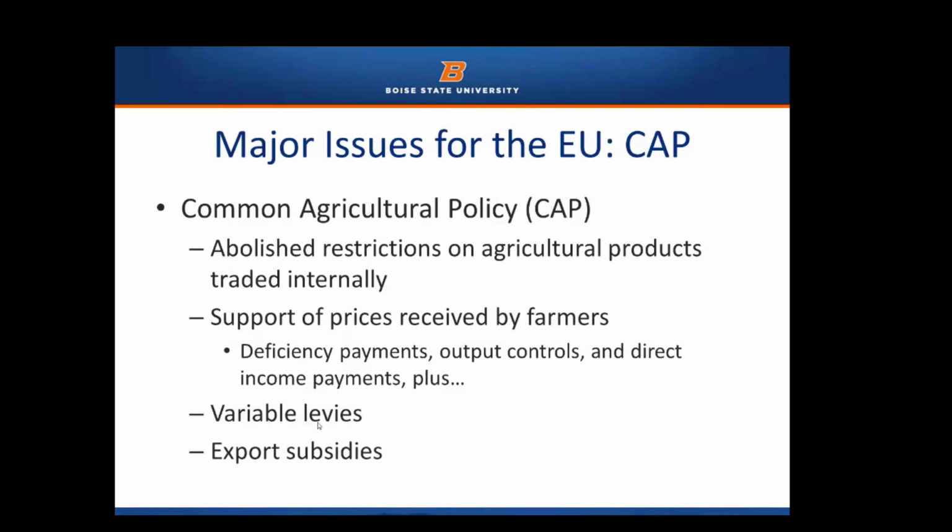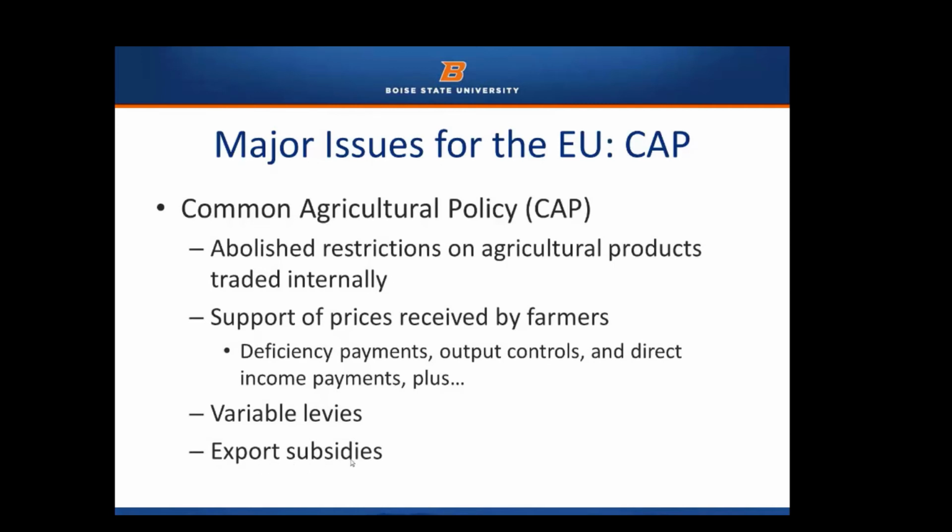So levies on agricultural products coming in to the EU from other countries. Let's be more responsive to market conditions, and then we will reduce and coordinate our export subsidies. So a lot of countries, including the United States, they have export subsidies.